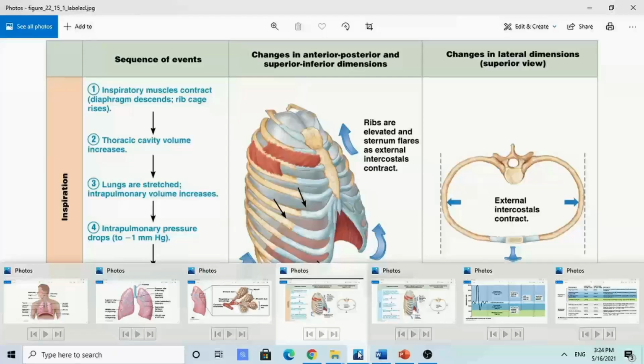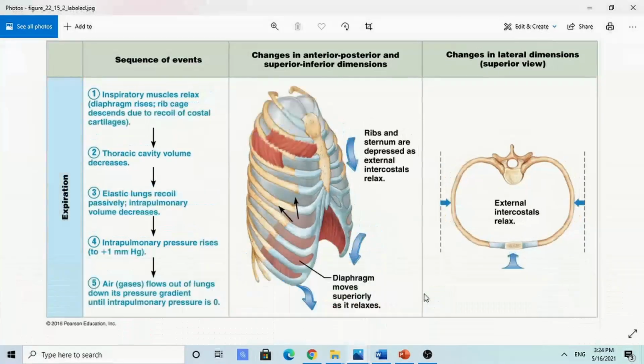Let's look at another picture which demonstrates what happens during expiration. During normal expiration, or normal breathing out, the diaphragm relaxes, and when it relaxes, it resumes its former relaxed dome shape. During inspiration, as I said, it was flattened and going down, but when it assumes dome shape, it goes up, squeezing on the lung upwards.